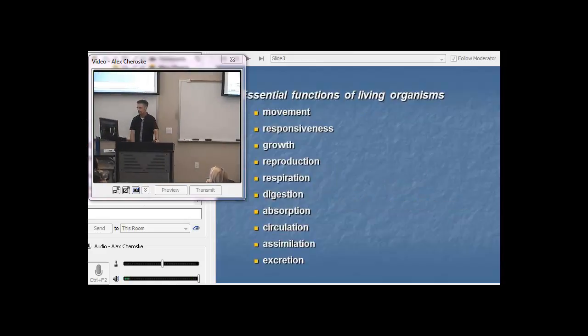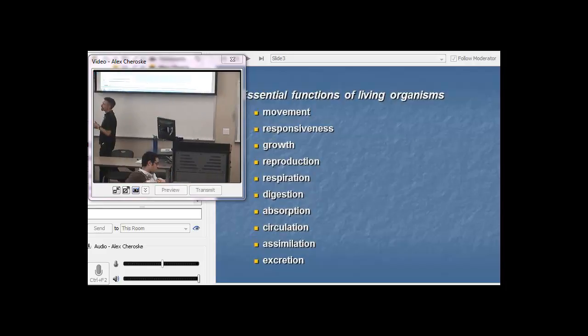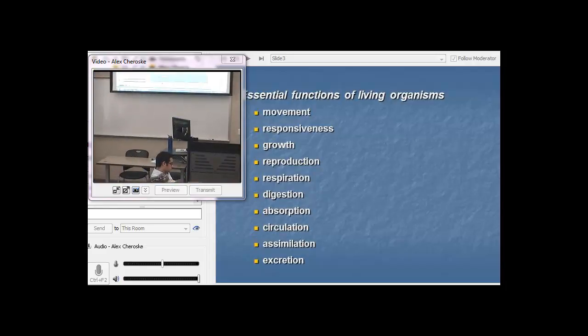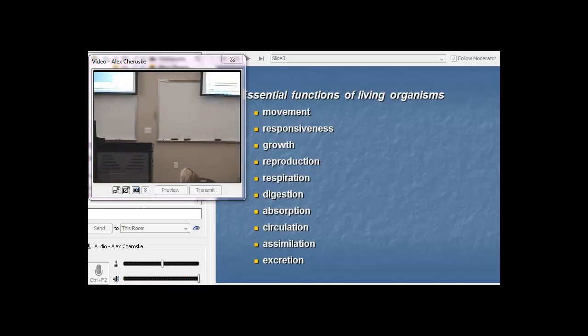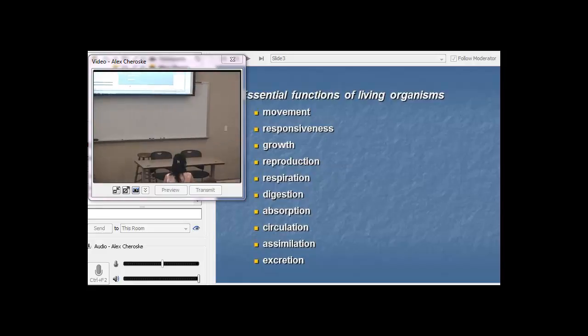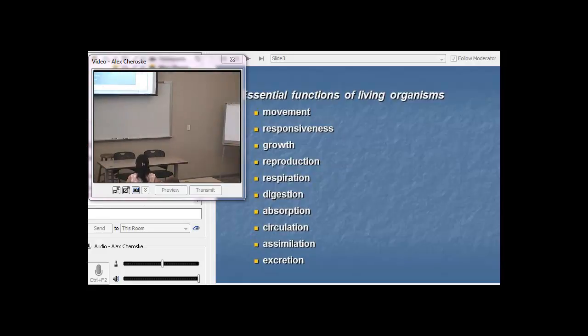Okay. So one of the other things that we're going to see very regularly is, as we try to figure out how the body works, we're looking at all these different systems and how they contribute to keeping you alive. Each of the different organ systems is going to have different organs in them, and they're all going to be trying to help keep you alive in some particular way.